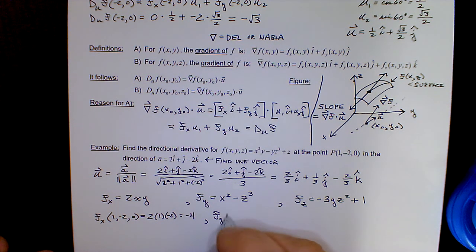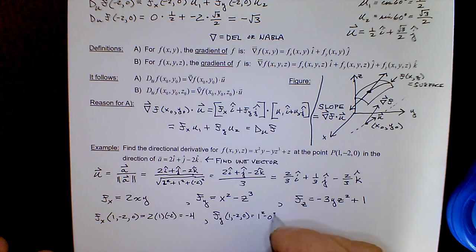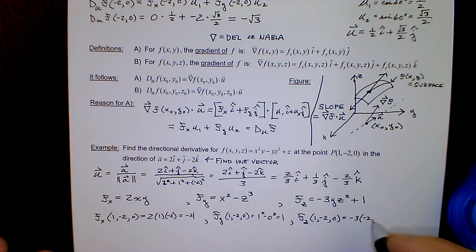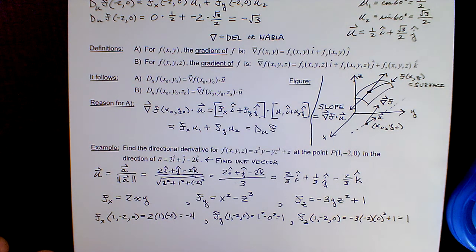F sub y at the point 1, negative 2, 0 is 1 squared minus 0 cubed, so that's 1. And then f sub z at the point 1, negative 2, 0: negative 3 times y times z squared is 0, plus 1, so we just get 1 out of that.